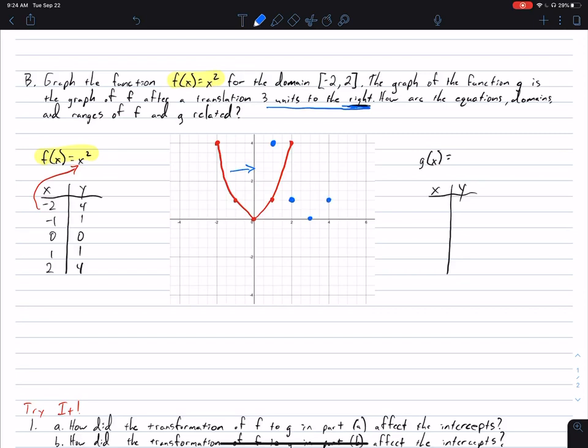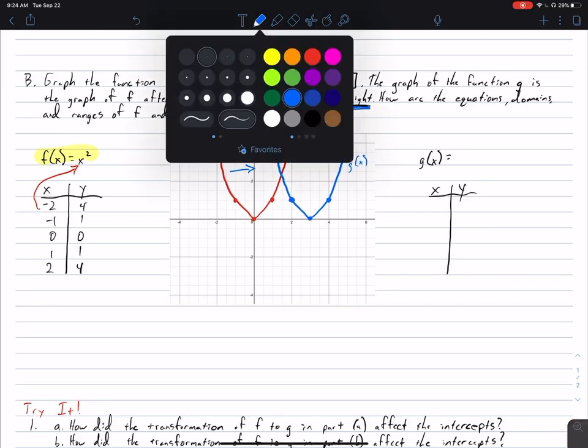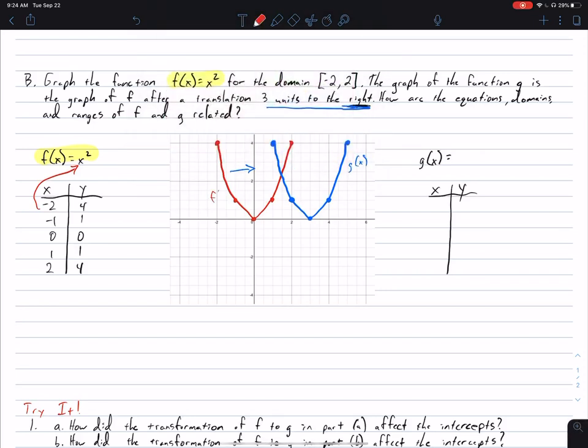And then finally 1, 2, 3. Always be careful with your graphs. Each one of these little check marks represents half a unit, so be careful when you're graphing. So we've got our new graph here, and this is our g of x. That red one was f of x.